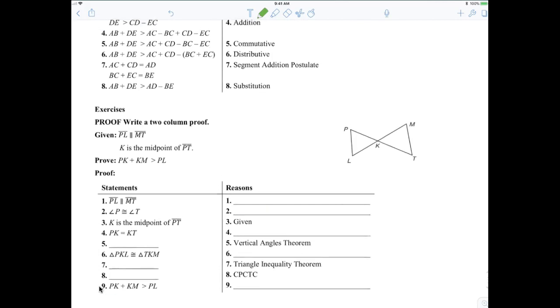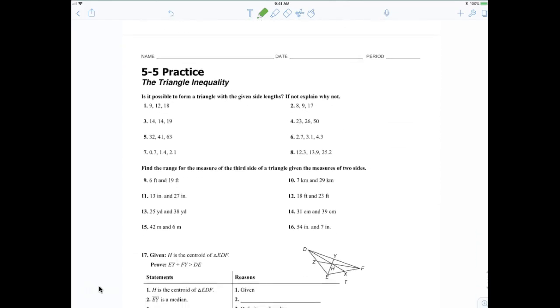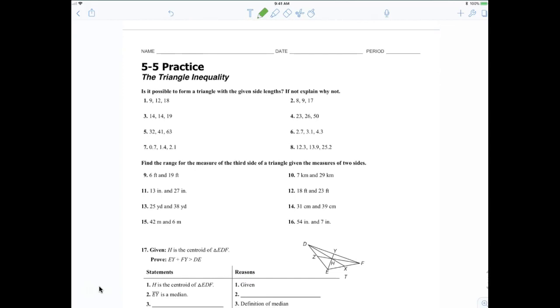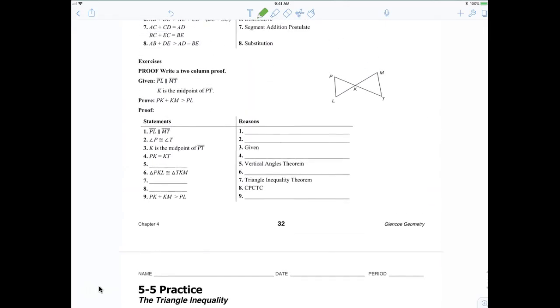Now, listen, for the proofs, I'm going to gather up some proofs, and we're going to work on the proofs on Friday. Oh, my goodness, maybe it's tomorrow. I think it's tomorrow then.